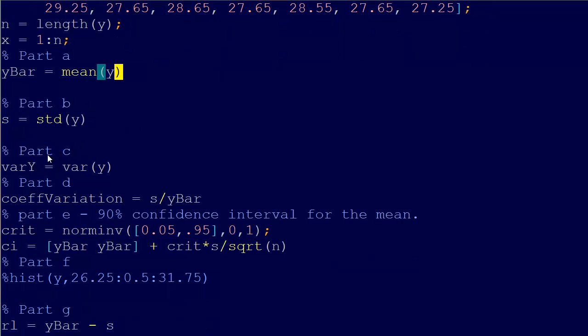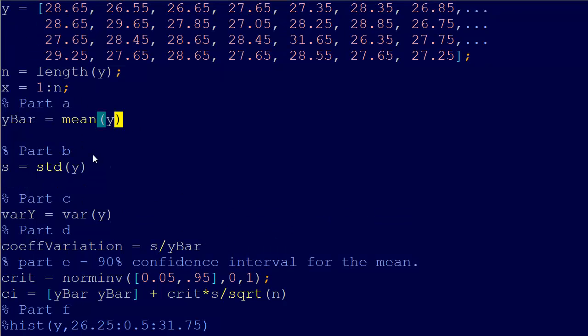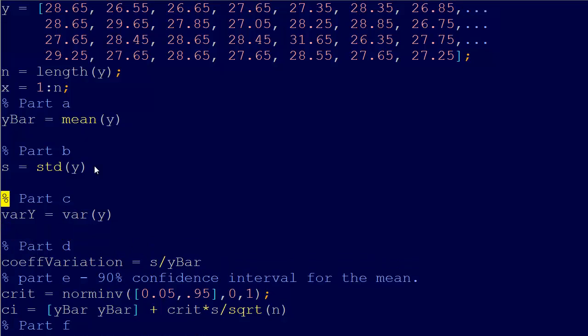We'll look at the output in a minute. The next part is find the standard deviation of y. That's just std(y), and it's that easy. After that, part C tells us to find the variance of y, and we can do that with the variance function, var(y), and that's all we have to do.